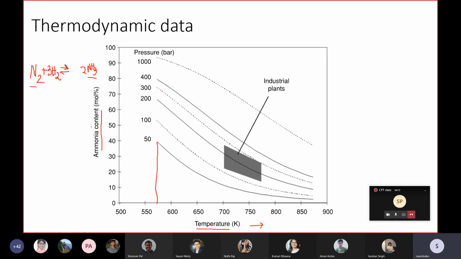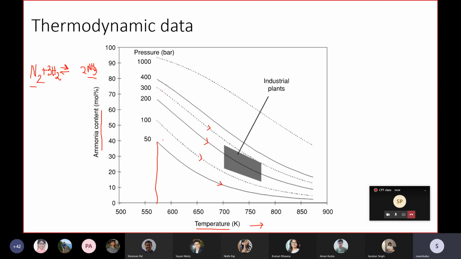Ammonia content directly correlates with the conversion. As the temperature increases, the conversion is decreasing. The same thing is observed at all pressures.